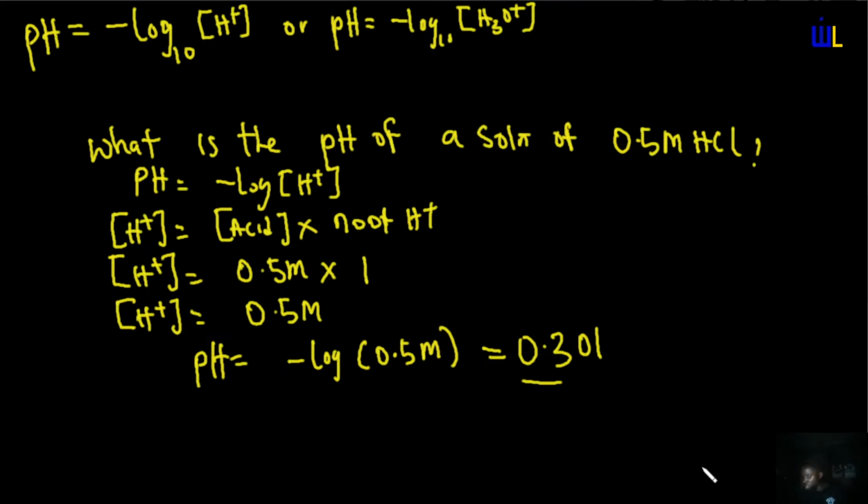So the pH in this case is 0.301, which is quite low, and you find out that this is an acidic medium. Why is it an acidic medium? Because the pH is less than 7. Once the pH is less than 7, automatically it's an acidic medium.